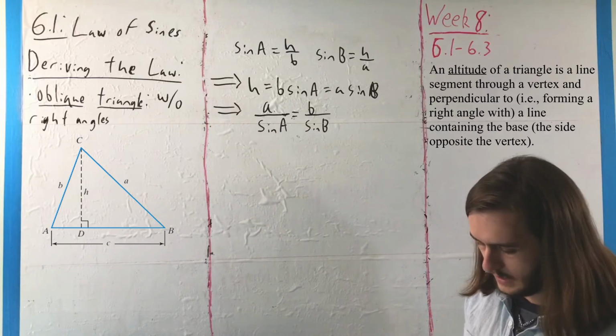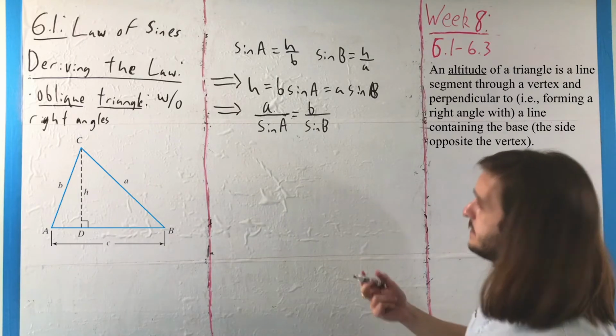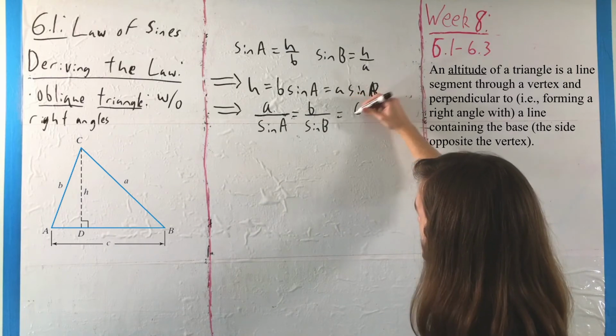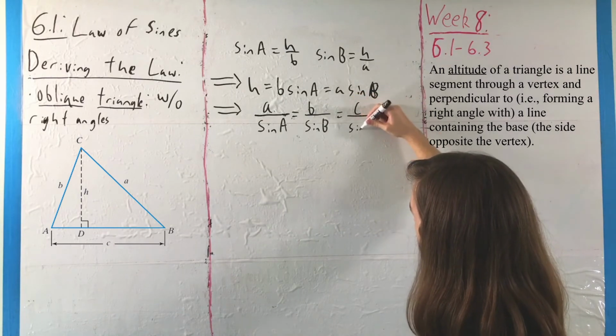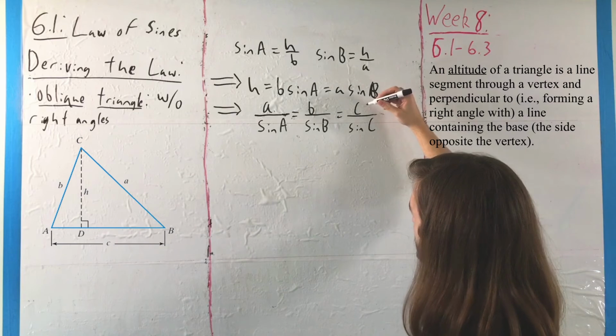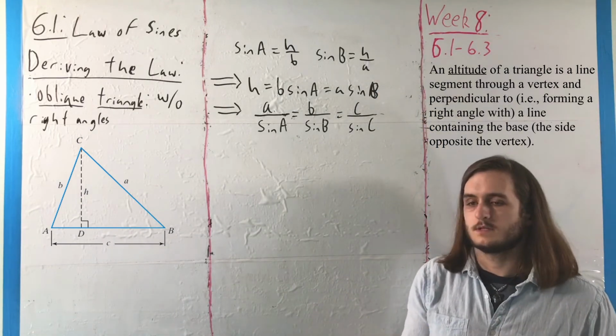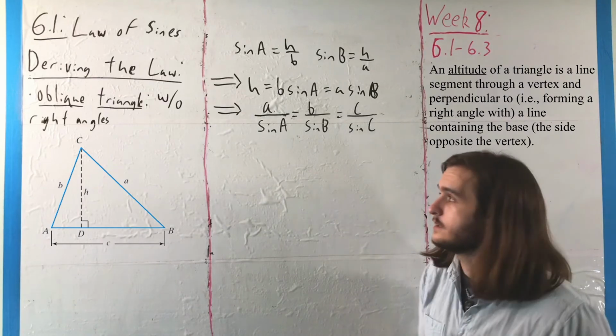We'd jut it out from either angle A or angle B. If we do that, we could also get that this is equal to c over sine of the angle C. That is, the length c over sine of the angle opposite to it.